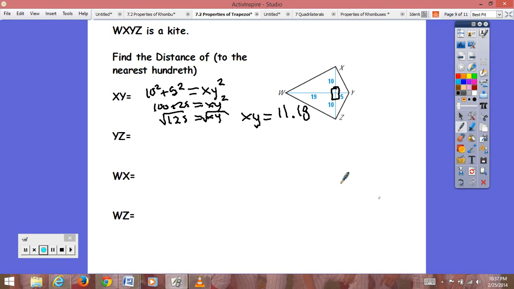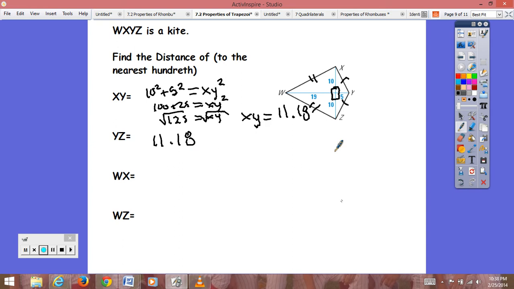And since this is a kite, we don't have to do the math for this next one, YZ, because we know that these two sides are congruent and these two sides are congruent. So YZ is also going to equal 11.18.